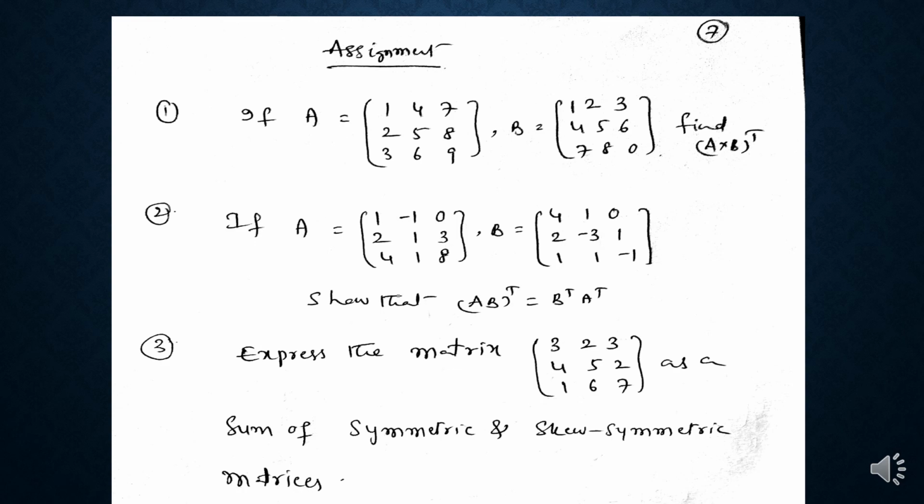Now the third problem: express the matrix [3 2 3; 4 5 2; 1 6 7] as a sum of symmetric and skew symmetric matrices. Yes, the matrix can be written as the sum of symmetric and skew symmetric matrices. So let us take P is equal to half into A plus A transpose, which is the symmetric matrix, and Q is half into A minus A transpose, which is a skew symmetric matrix.